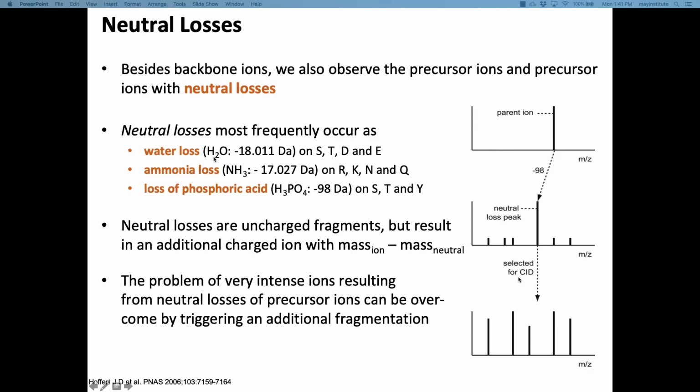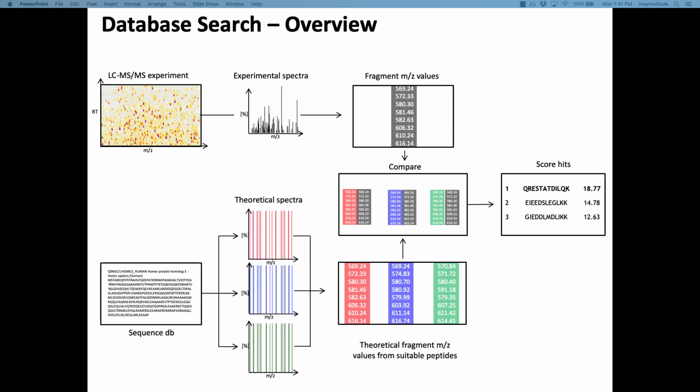One component of such a database engine is a theoretical spectrum generator that has simple rules like the ones we discussed, B ions, Y ions, and then neutral losses, and takes a sequence and constructs a theoretical spectrum from that. The second component that we need is a scoring function, and then we have everything we need for a database search engine.